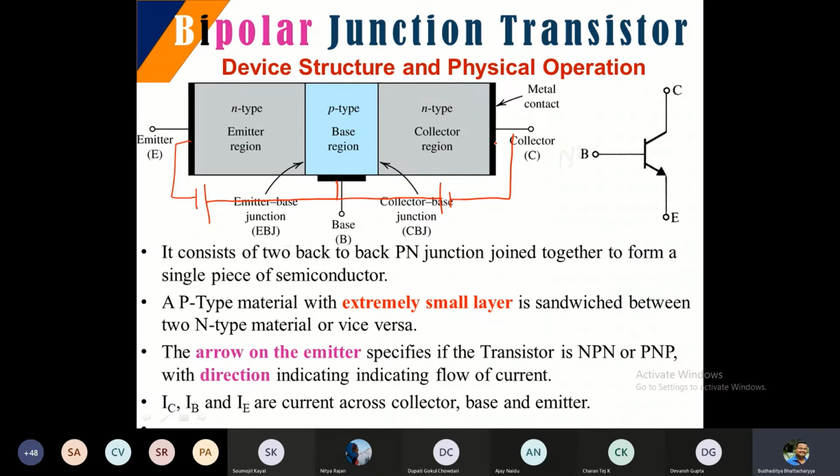So this is how we are supposed to connect for an NPN, because if we are looking at it in terms of NPN, the majority carrier will be here, the electrons, the negative ions. Whenever it happens, these negative ions will move towards the collector side, keeping in mind that the base region is significantly small, or the concentration of holes is really small, so that most of the electrons generated from the emitter go to the collector, and on the opposite way, the current is generated in the opposite direction.